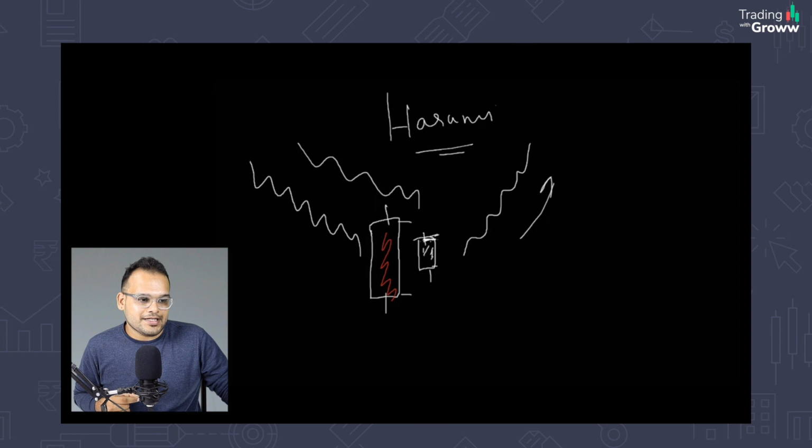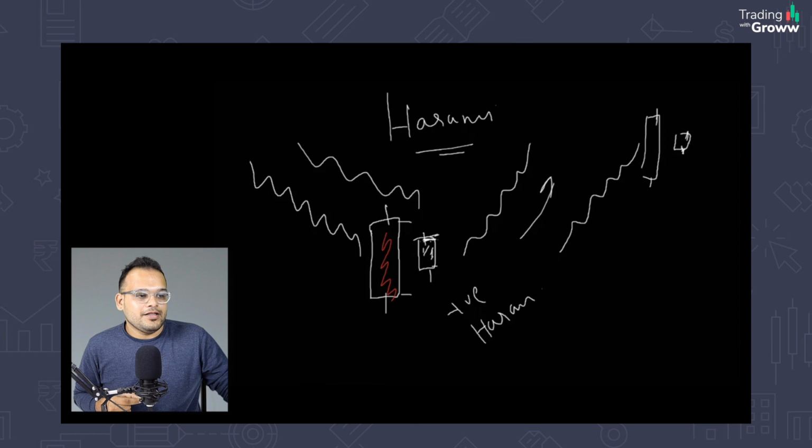This particular candlestick we can call a positive Harami. Similar to this, if the market is trending upward, and assume this was the big bullish candle, and after that we got a pause in the form of a narrow range body, then there is a possibility of the market reversing in the downward direction.